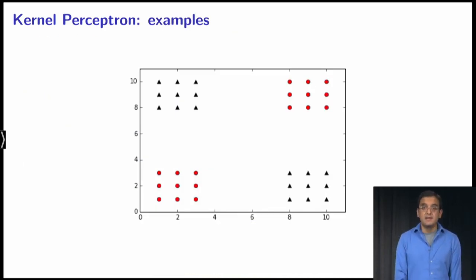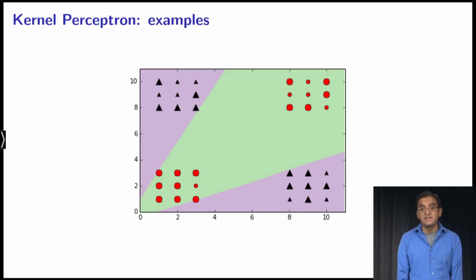Now, last time we saw some of the boundaries that the perceptron algorithm with basis expansion yielded. Here's a situation that's not linearly separable, and the perceptron algorithm gave us this boundary, which looks like part of a parabola. The points that are shown in bold, like this point over here, are points for which alpha is not 0.